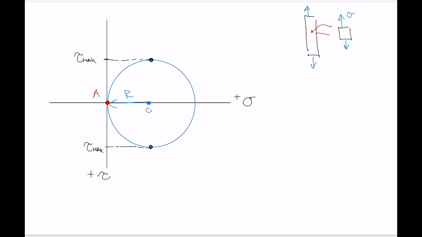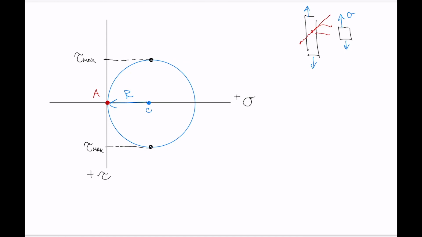This means at that location, if we wanted to know what the maximum shear stress was, it could be achieved by rotating counterclockwise or clockwise by 90 degrees to either one of those points of tau max. That's a rotation of 90 degrees, which means a rotation of 45 degrees in reality, equivalent to taking a section cut through at 45 degrees.